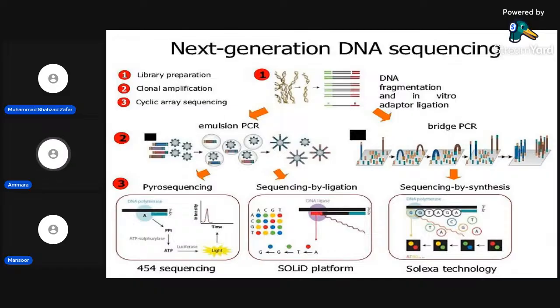So how can we analyze our desired sequence? When we introduce our DNA fragments on bridge PCR, or in the emulsion case, attachment of beads.